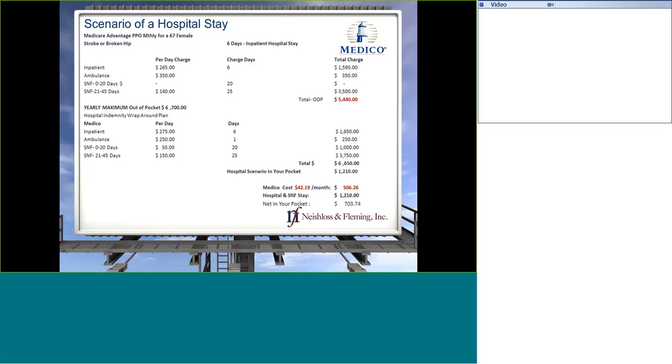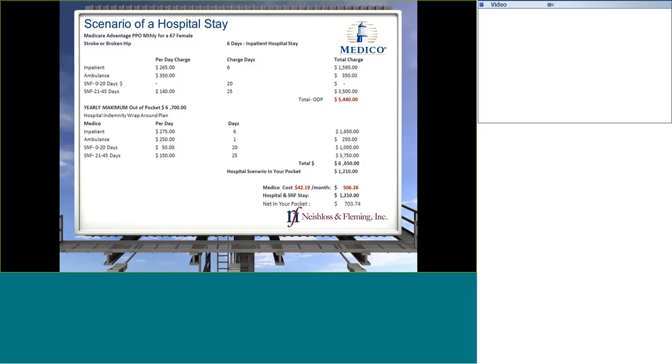So you've got a total premium cost over the course of the entire year of $506. For that consumer, even accounting for the $506 in premium costs for the whole year, this whole extravaganza that they've gone through between the hospital stay, the ambulance, the skilled nursing facility rehab, with having this Medico hospital indemnity plan in place, they would net out ahead $700.